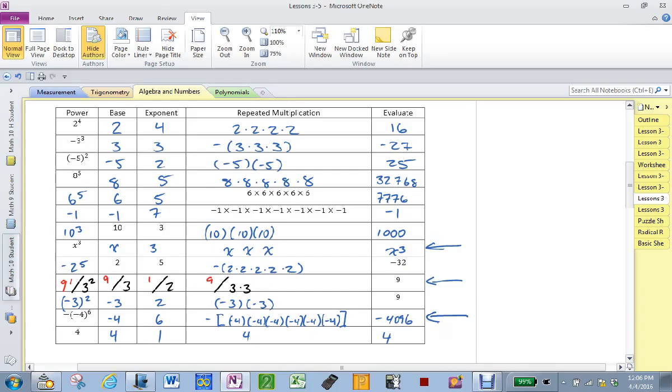Is everybody okay with why all of them are what they are? Does anybody need anything from this page more explained to them? This is all except for the x cubed grade 9 exponent. Brad.